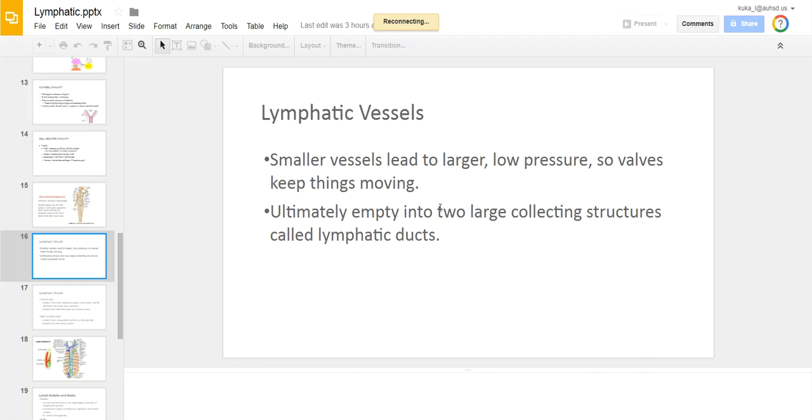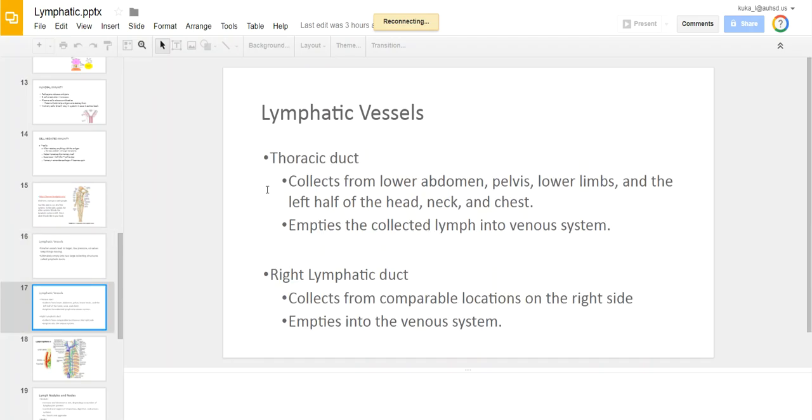Ultimately, there are going to be two large collecting structures. We call those lymphatic ducts. So these all lead to lymphatic ducts. So the first one that we're going to talk about is the thoracic duct.